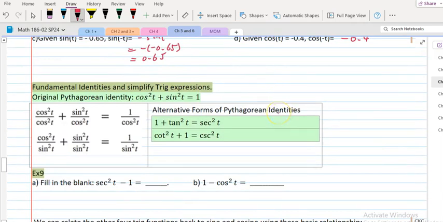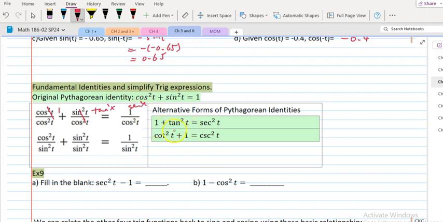The next one is some other versions of the fundamental identities. The original Pythagorean identity is cosine squared t plus sine squared t equals 1. If I divide this identity by cosine squared t in all terms, this becomes 1, this becomes tangent, and this becomes secant.